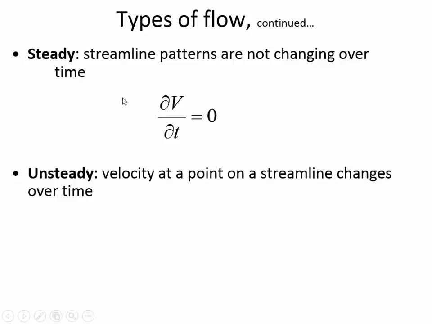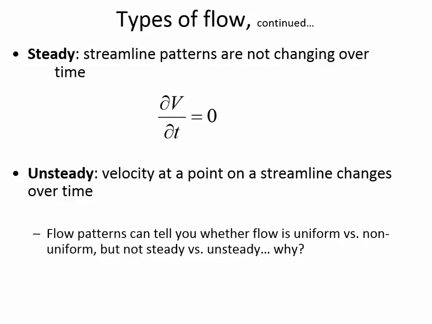In steady flow, they're not changing. So a river that has the same depth and the same flow rate from one moment to the next is steady flow. Unsteady flow is when either the velocity or the depth, some characteristic of flow, is changing over time.